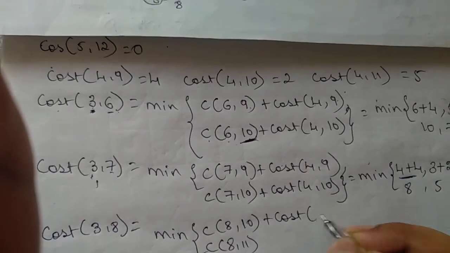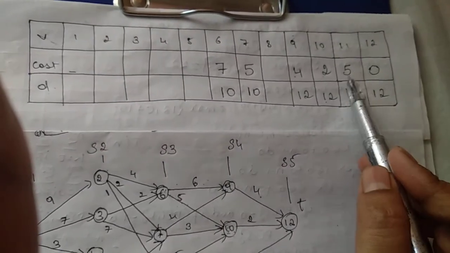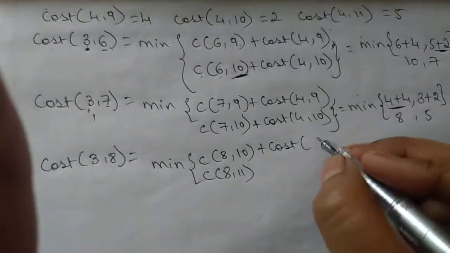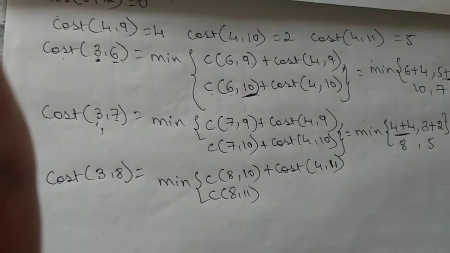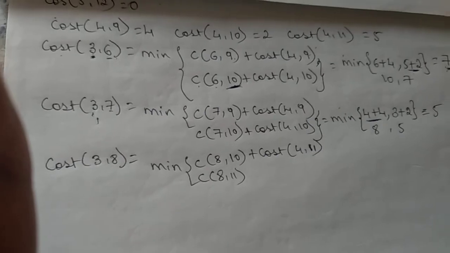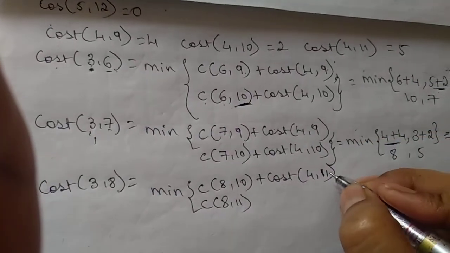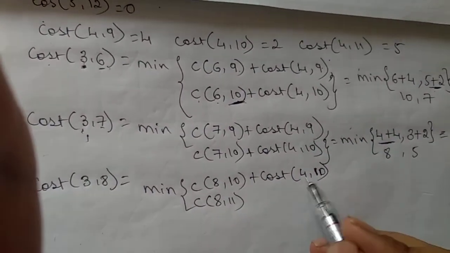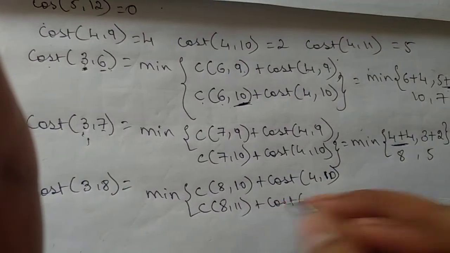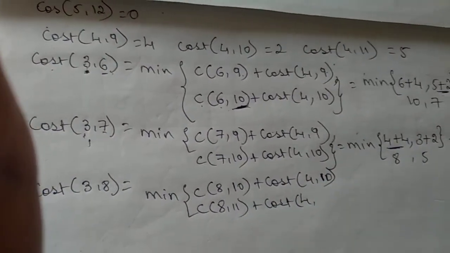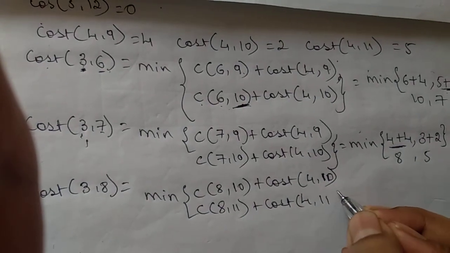Plus cost of 4th stage. What is the cost of this 11? It is 5. Sorry, here I am taking it for 10. 4th stage 10 plus here cost again 11 is present in 4th stage, then it is 11.